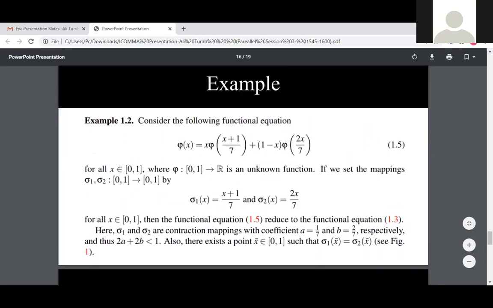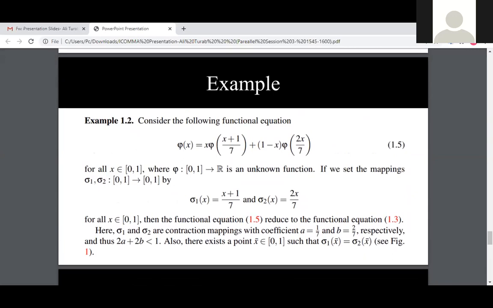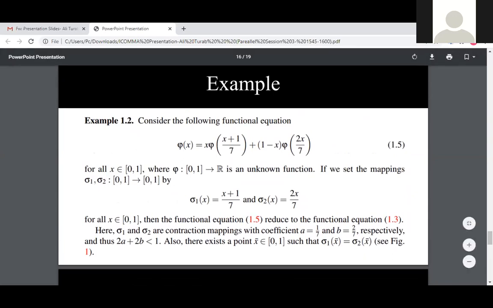So we have to apply our main theorem here. In our main theorem, the main ingredients are that sigma 1 and sigma 2 must be contraction mappings. Here we can see that sigma 1 and sigma 2 are contraction mappings with contractive coefficients 1/7 and 2/7 respectively.